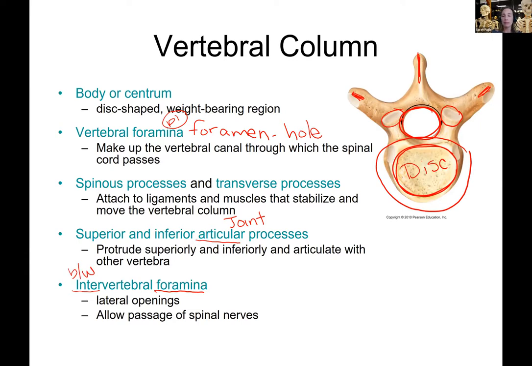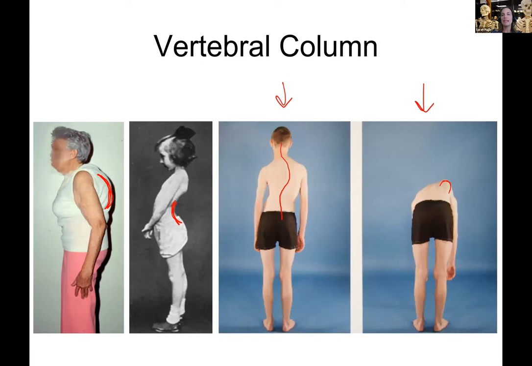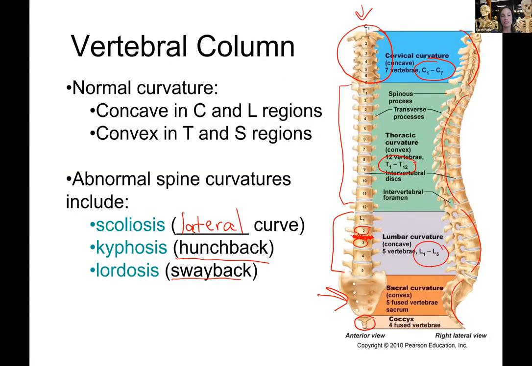So I'm going to flip back to this picture so you can see these. Intervertebral foramina are holes between the vertebrae. And the only way you see them is if you look at the vertebral column from the side. And now you can see all these holes between the vertebrae. These allow all the spinal nerves to pass through. Okay.